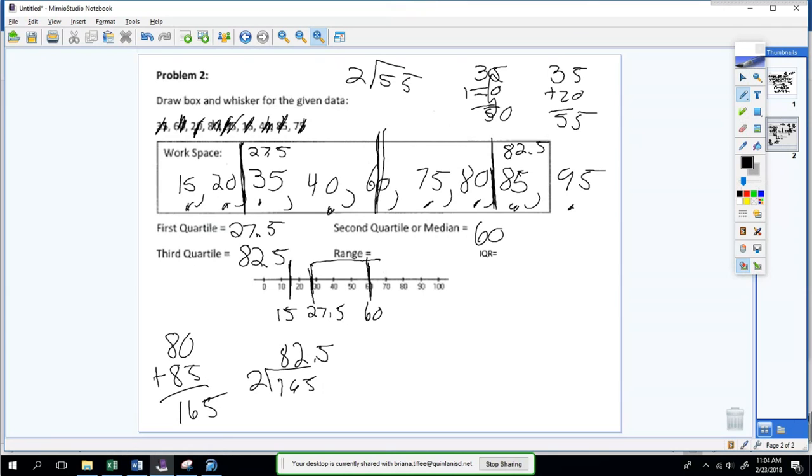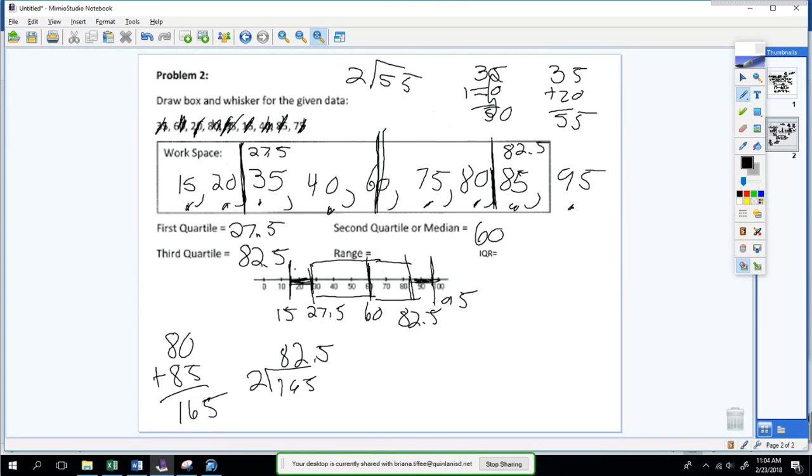And these create a box. And my third quartile is 82.5, which will be right about here. And these create a box. And then my last whisker is 95, which will be right here. It got a little smushed. Okay, and these connect with a little whisker.